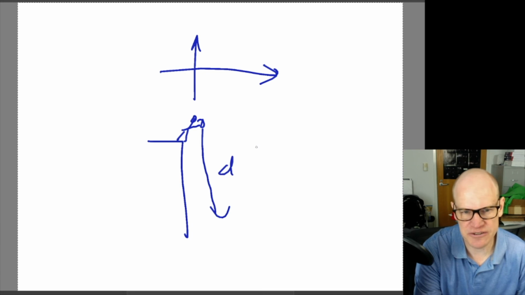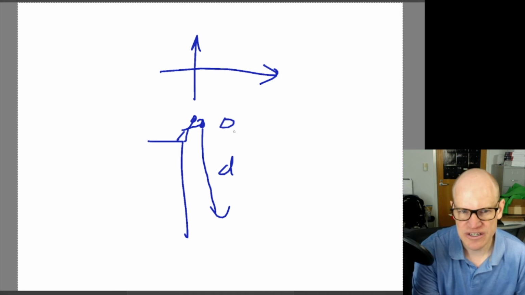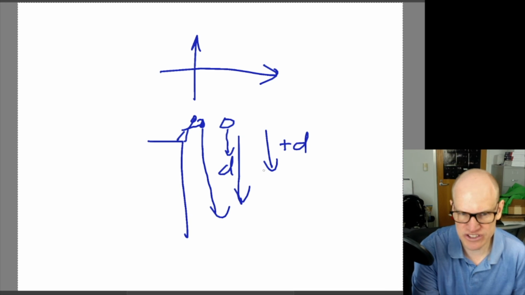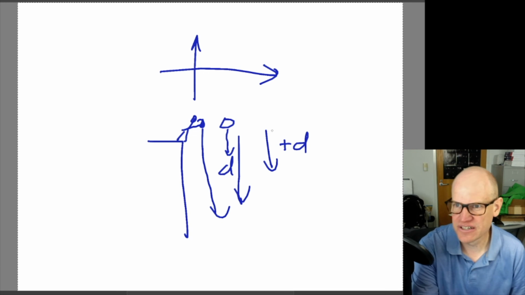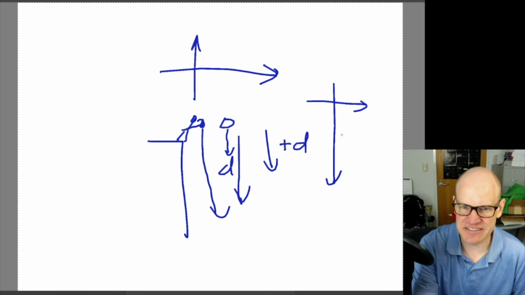When I initially drop it, it's traveled no distance, so that's 0. If I just want to measure how far it has gone, then that distance grows. Positive distance is downwards. So I'm defining in this case a coordinate system where that is the orientation of the axes.